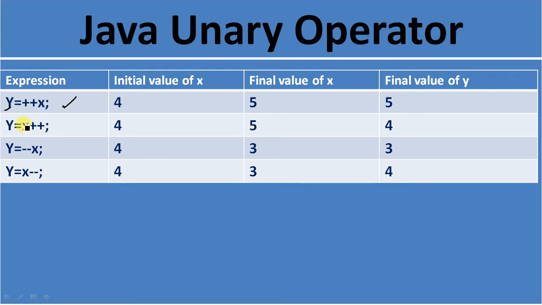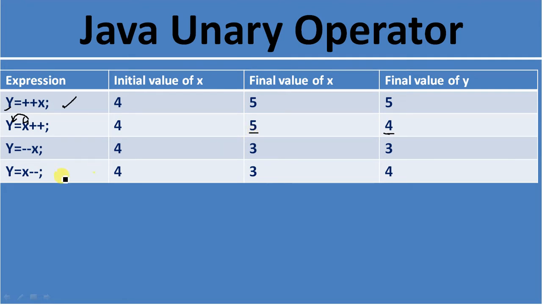So in this case the value of x, which is 4, will be assigned to y first, then it will increase the value of x by 1. So the value of y will be 4 because the value is assigned first, then x is incremented. So the final value of x will be 5.